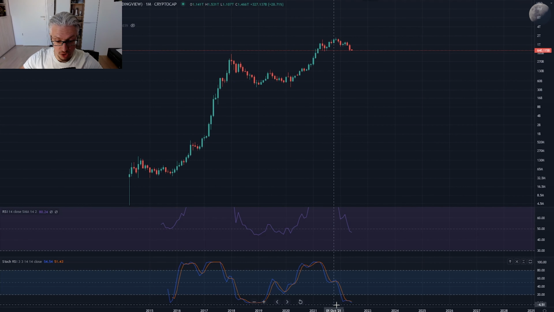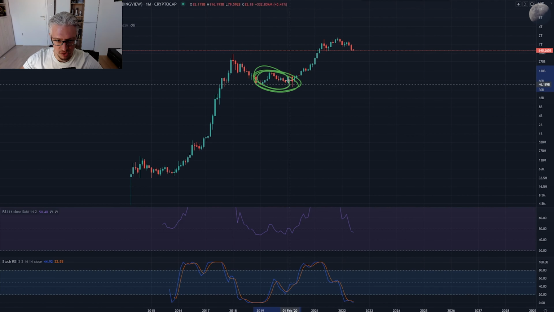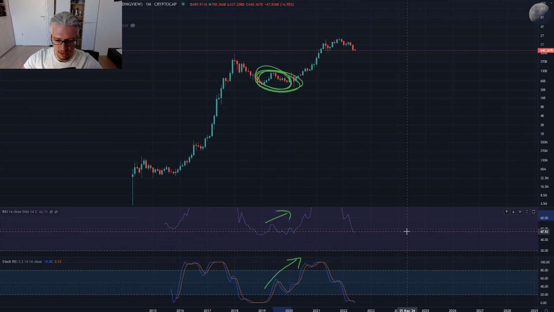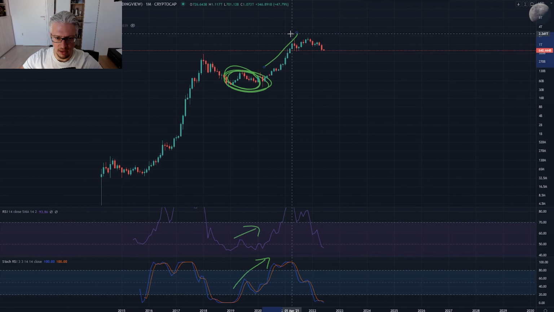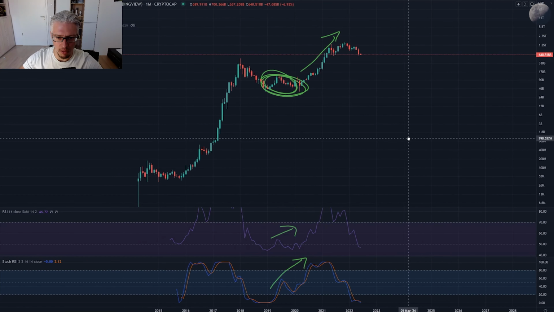We are also extremely oversold on the stochastic RSI. The monthly stochastic RSI is really dropping to 0. So this means we see levels that we last saw in late 2018, early 2019, and we all know what happened afterwards. Both indicators started surging again, which coincided, of course, with a surge in the total market cap.